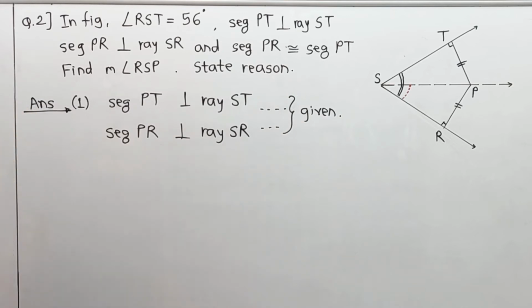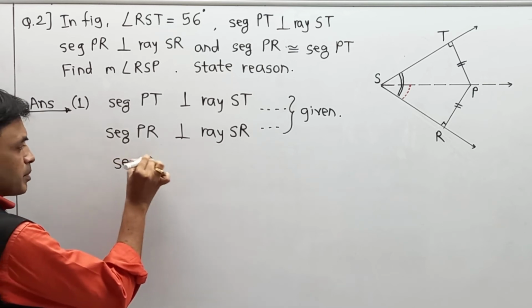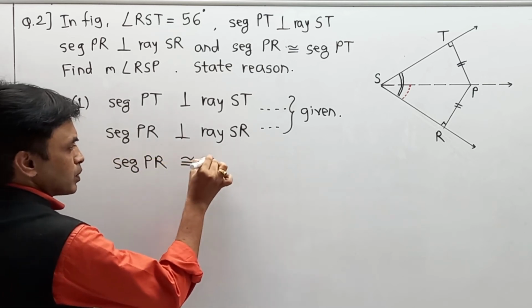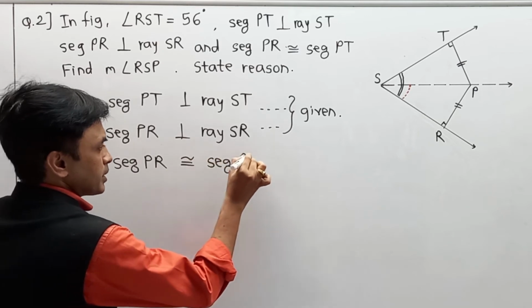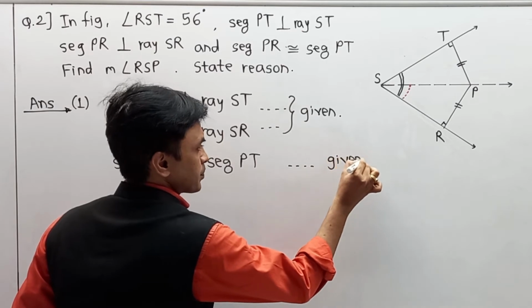Next, they are also given one part, and that part is segment PR congruent to segment PT. Again it is also given, so I am going to write it as a given.